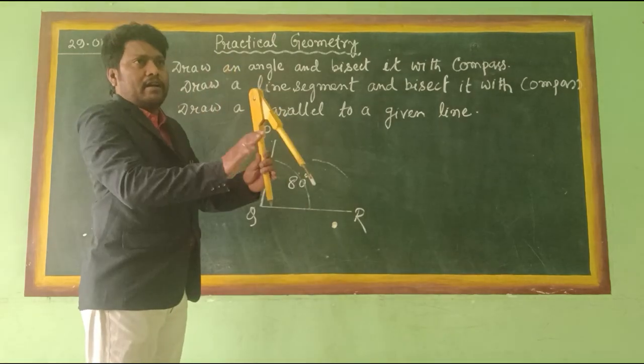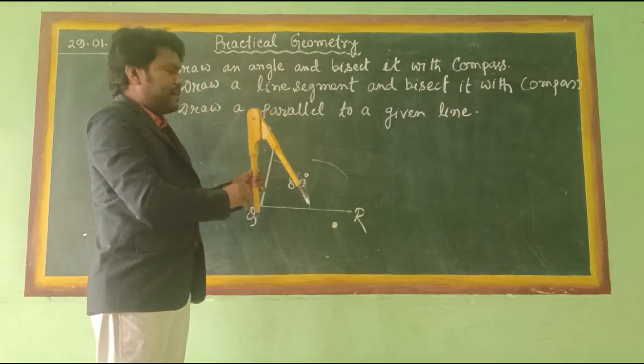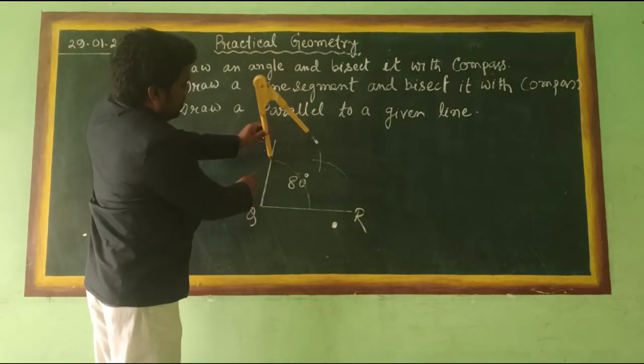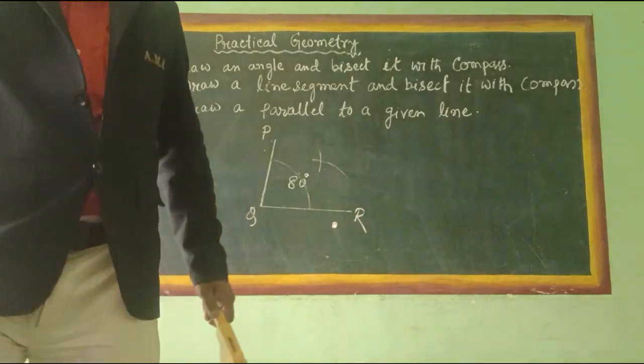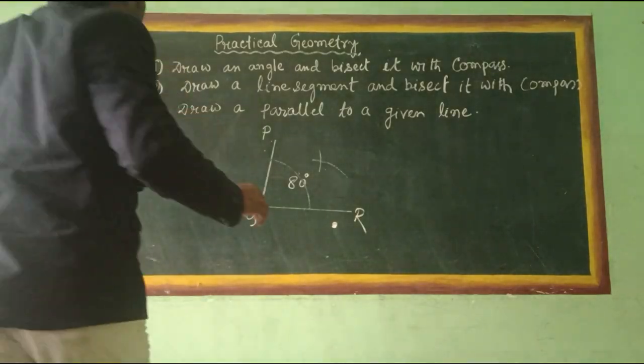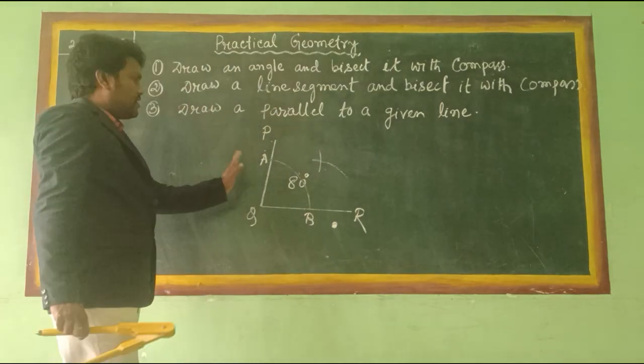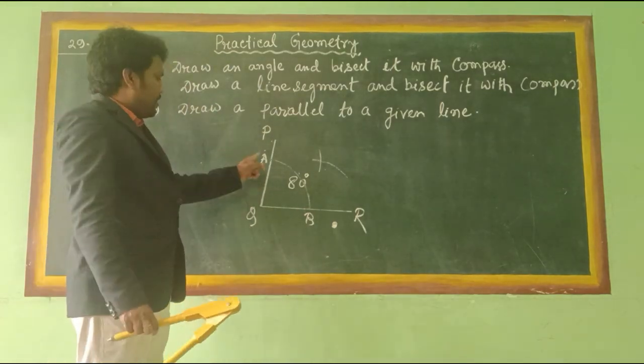without changing the measure, also cut from this point. Suppose these two points are A and B. So what is the second step? I am repeating.